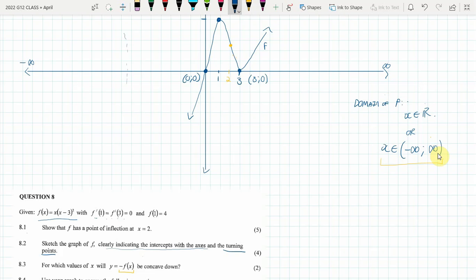Using math symbols, in math terms, for which values of x is F concave down? F itself first.